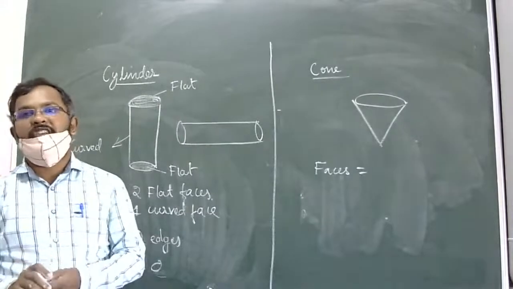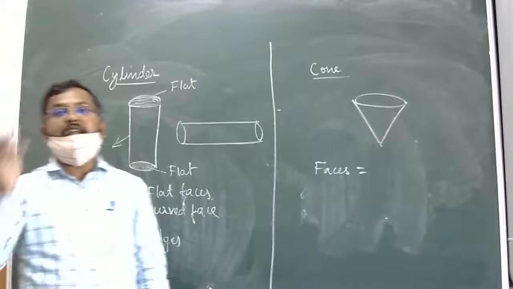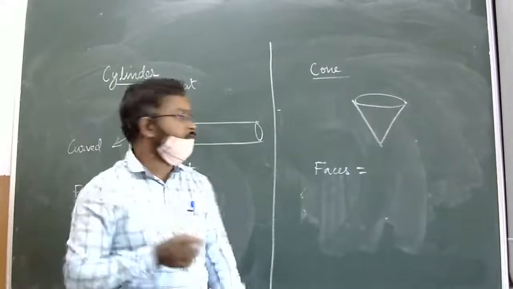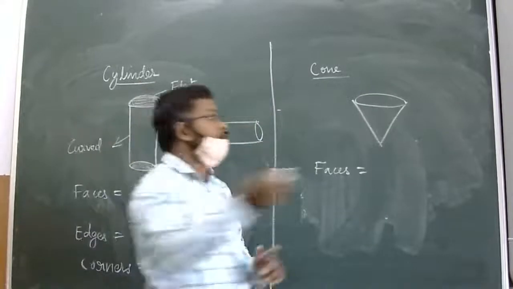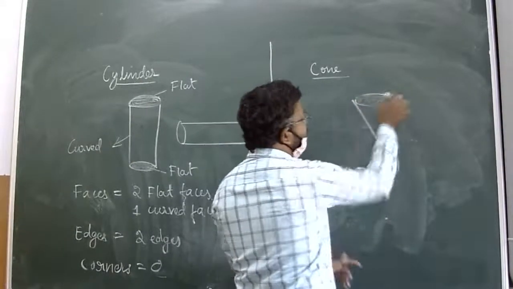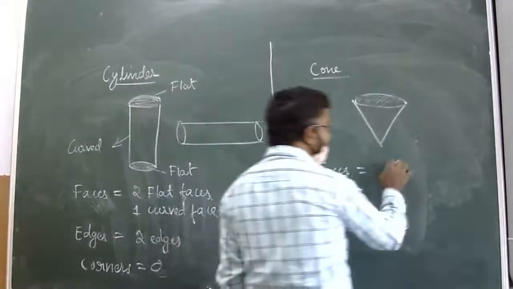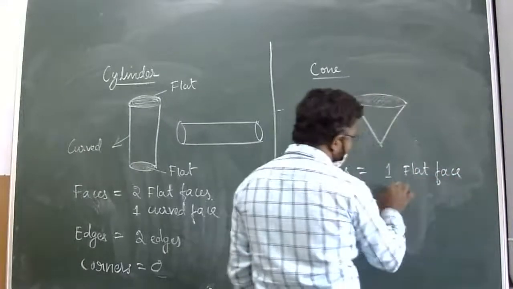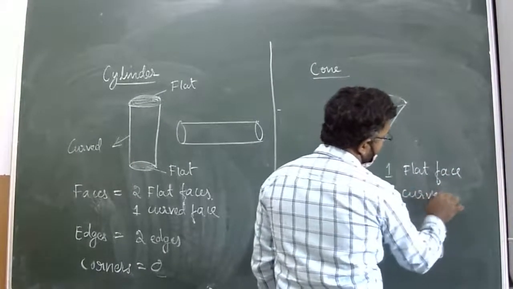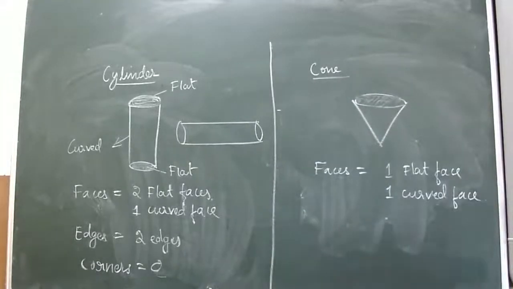Total we are having two faces. One is curved, the one at the bottom is your curved face, and the one on top is your flat face. So total two faces we are having, one is flat face, another one is curved face.